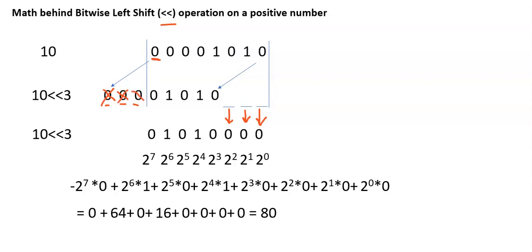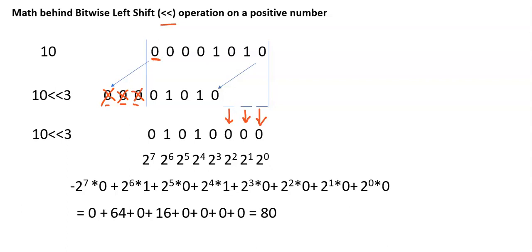Why? Because they are not fitting in the register. They are out of the register. So in this fashion, the excess bits are removed. Now this is the value when 10 is shifted to the left hand side by 3 positions and the right hand side empty places are filled with zeros.